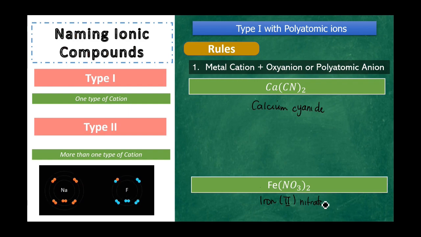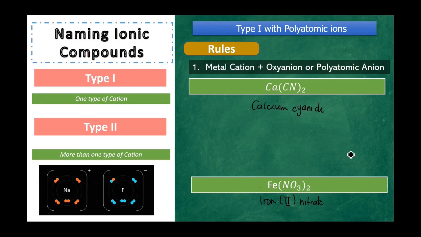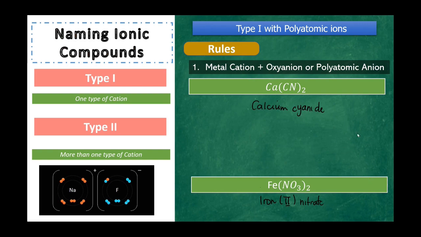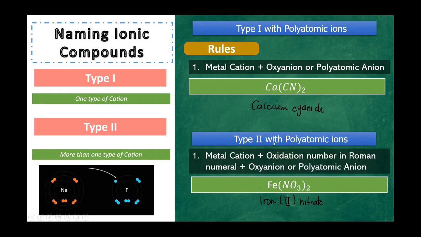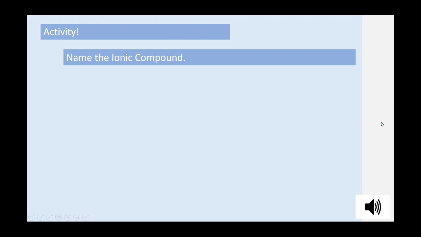Okay, so this is how you name polyatomic ions. Type 2 with polyatomic ions, we have the metal cation, which is iron, then its oxidation number in Roman numeral 2, and the name of the polyatomic ion.